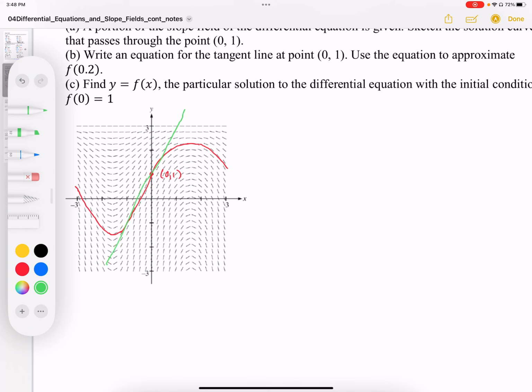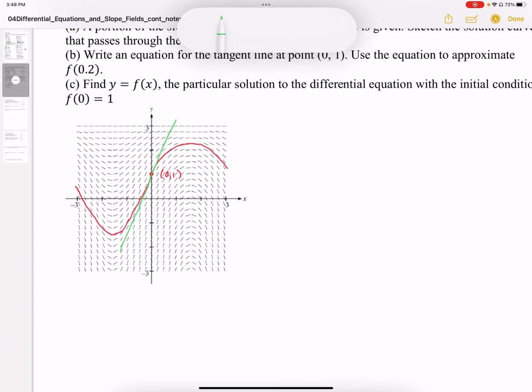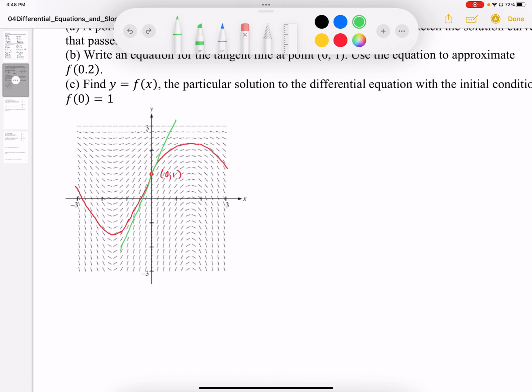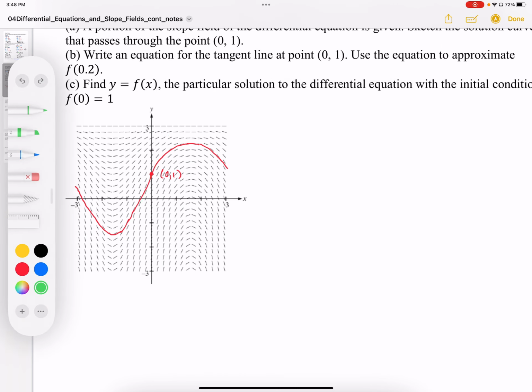I'll draw that again, a little bit better, maybe something that looks like that. It's passing through that point, and we're going to use this line to approximate the coordinate just to the right of that dot.